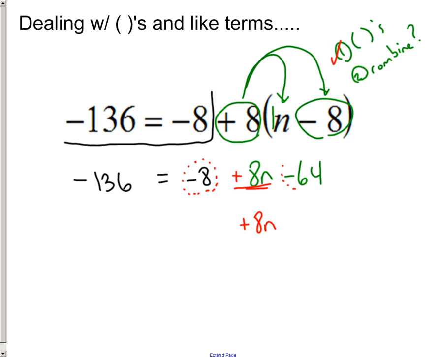But I see we've got this right here. It's negative 8 minus 64. That literally means this, negative 8 minus 64. Keep, change, change. That makes this negative 72. And everything else comes straight down, and we've got a two-step equation to finish.